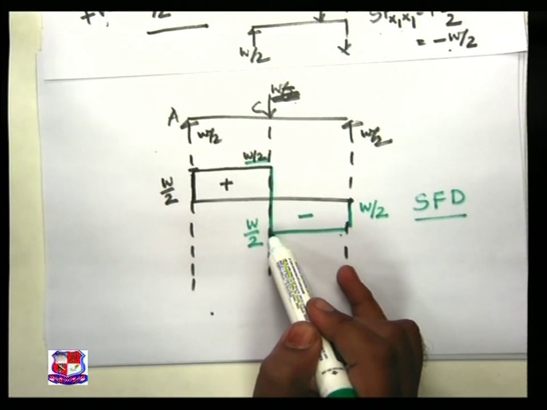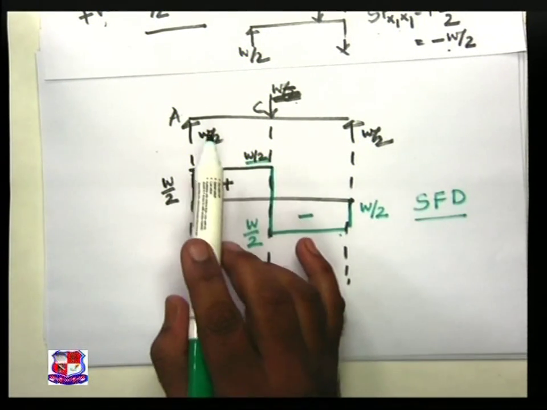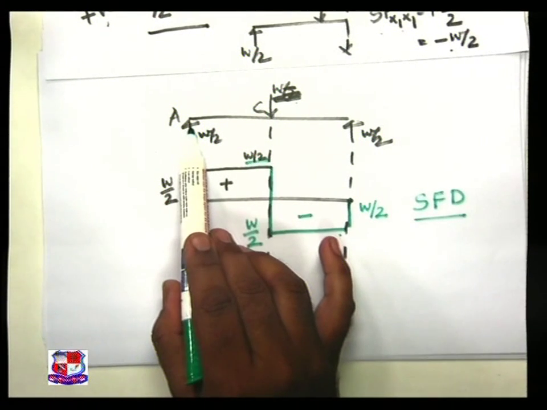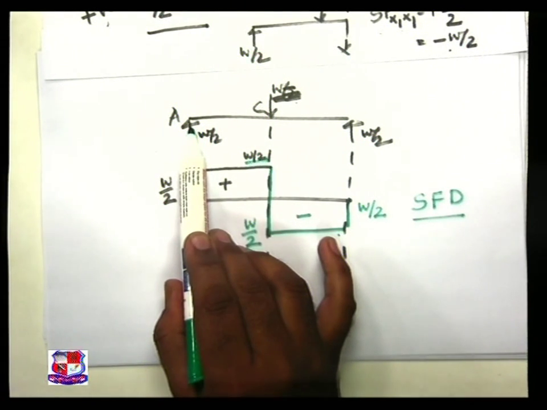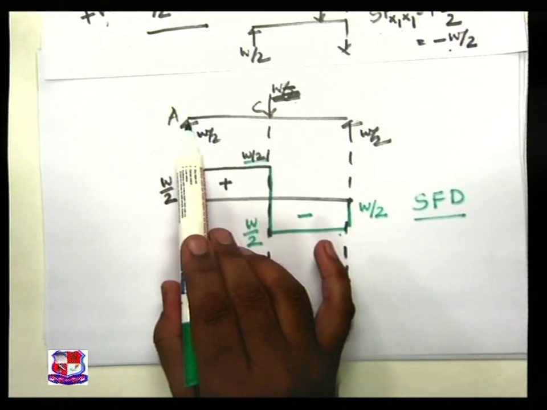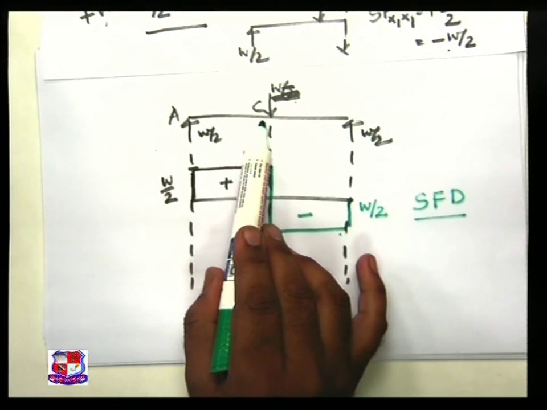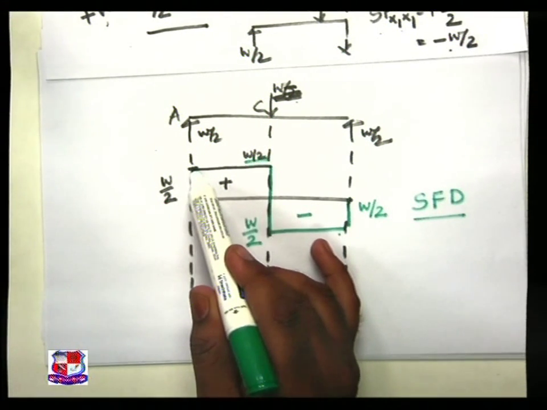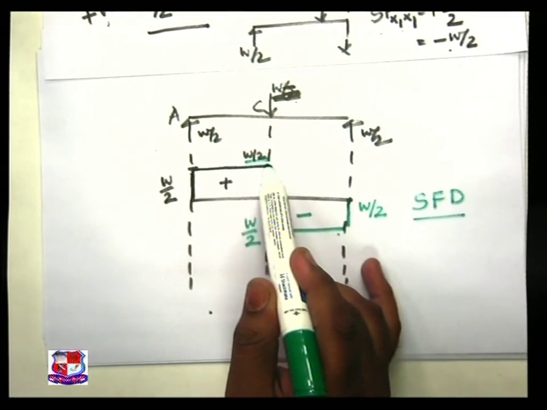Third observation, between two point loads, because this reaction is nothing but a point load itself or a concentrated load, if there is no load, shear force variation is given by a horizontal straight line.